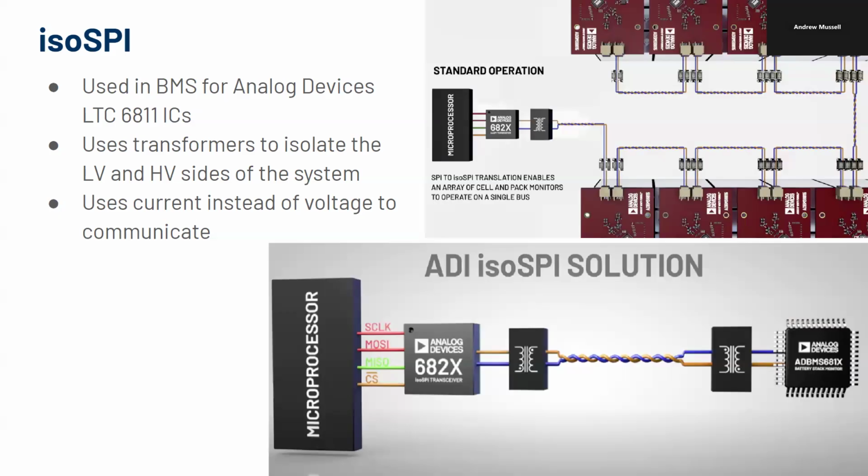I realize that explanation might have just made it more confusing, but basically it uses current instead of voltage to communicate. This whole thing is a big loop of wire, and you send a current through the loop, and the transformer will turn that into a voltage that's isolated and can be sensed by the peripheral device on the end.